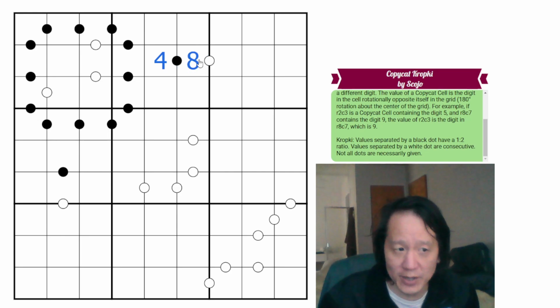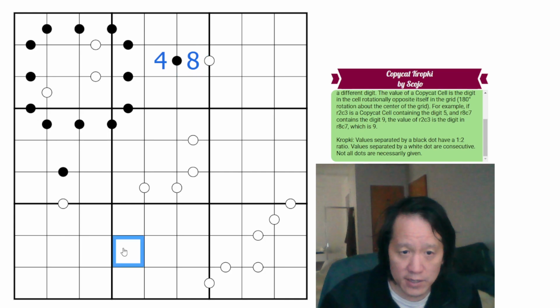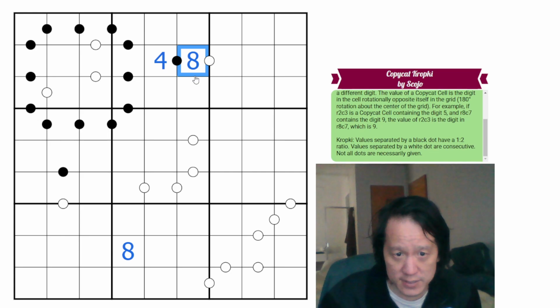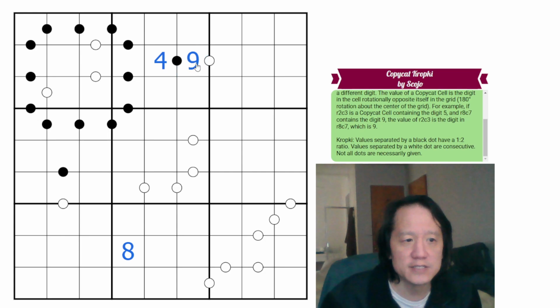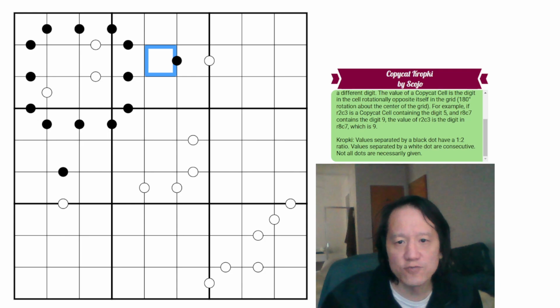Remember, it could be a copycat cell, right? Which could mean that the 8 could essentially be here, and that would be rotationally opposite. If this were the copycat cell, this could be any number, but since it's the copycat cell, it takes the value of the cell that is rotationally opposite it. And that's for black Kropki.